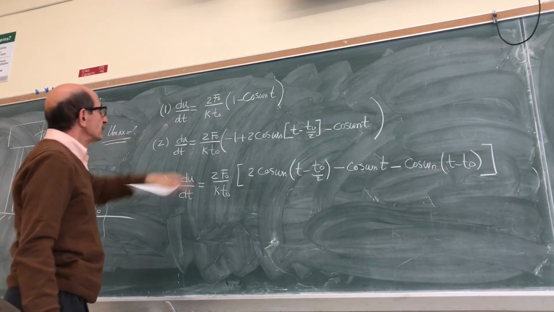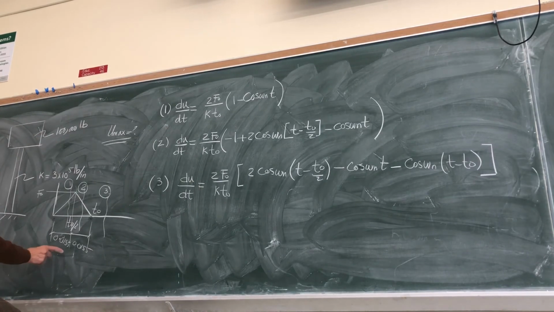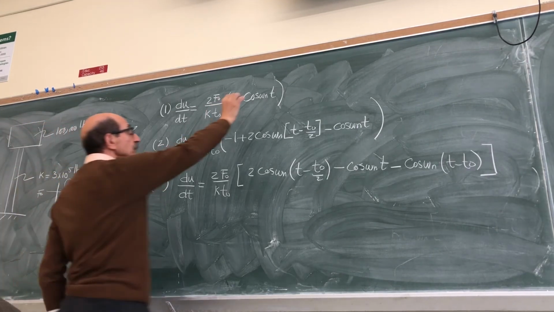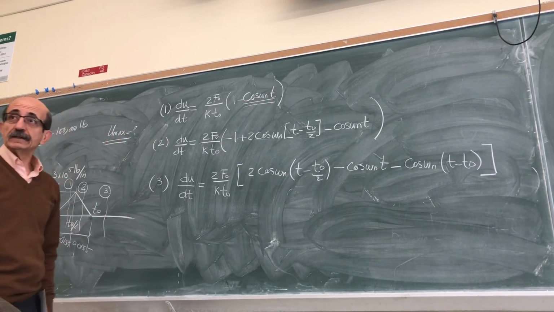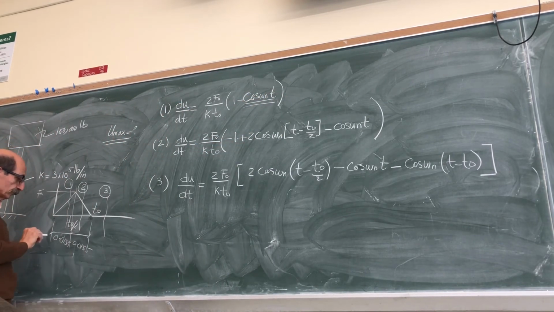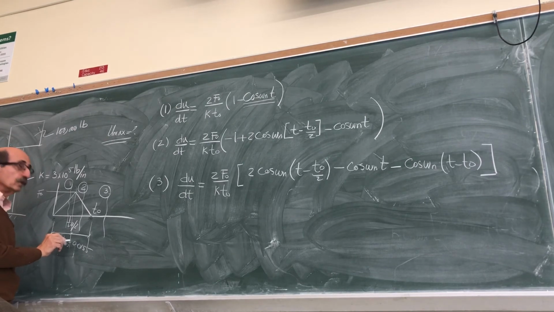I look at this and I look at the time duration, right? From here to here, the only part that is a function of time is this, that can change as time goes from 0 to 0.0155, right?